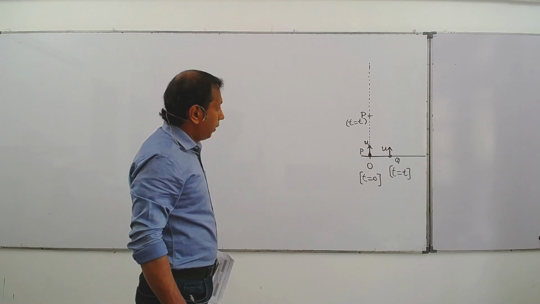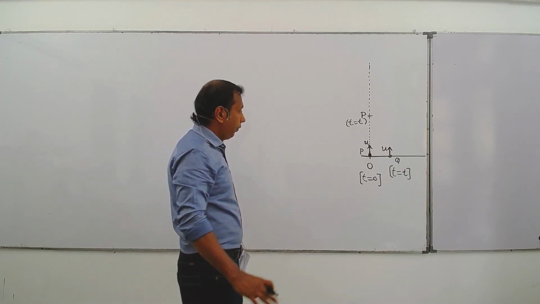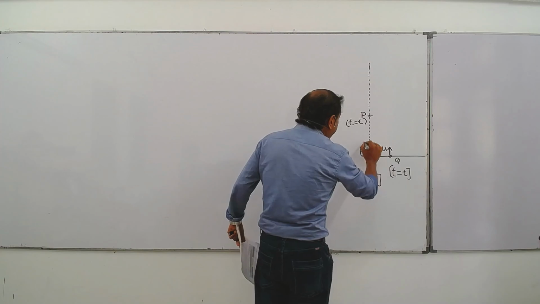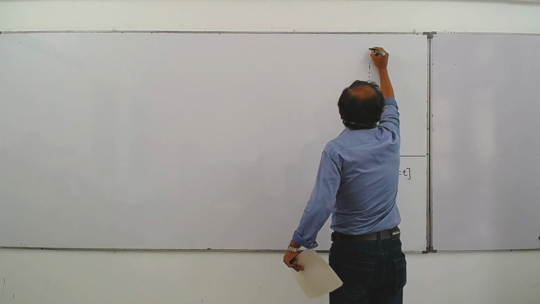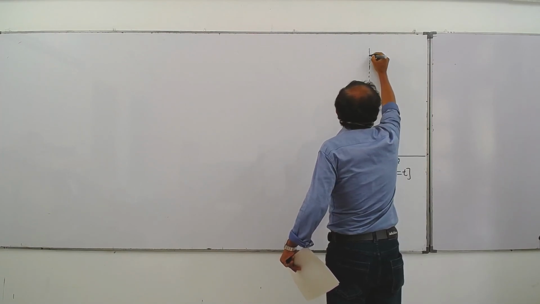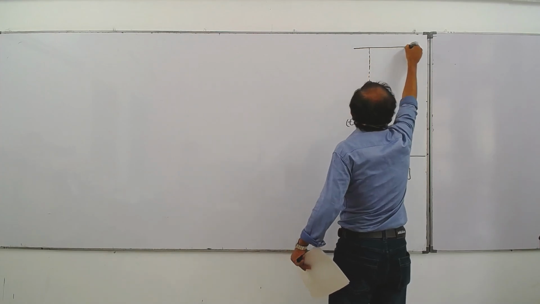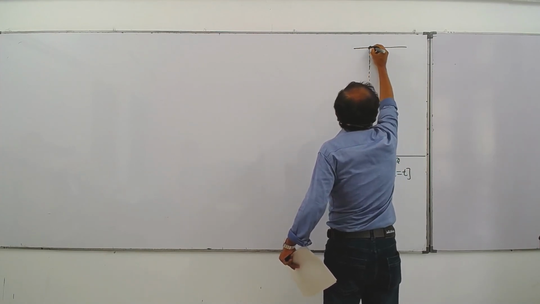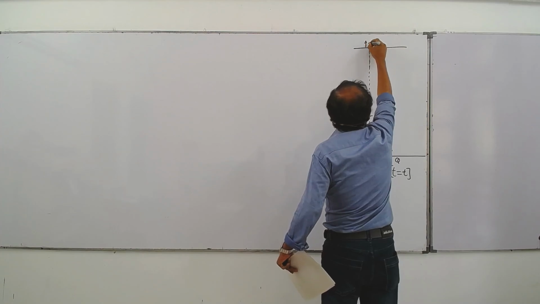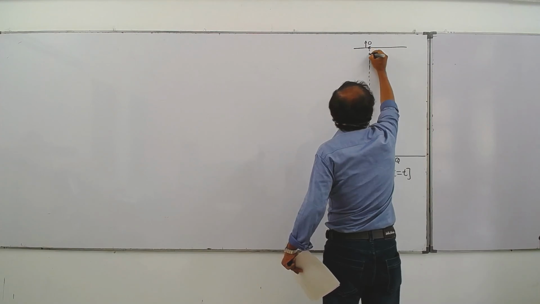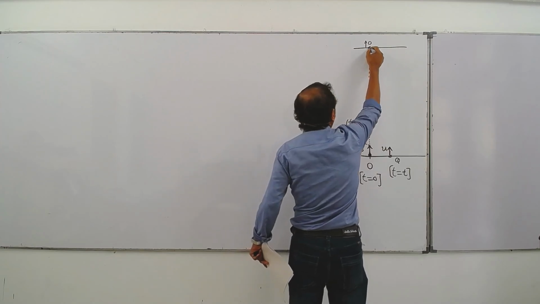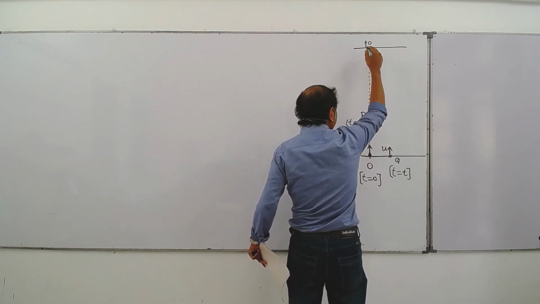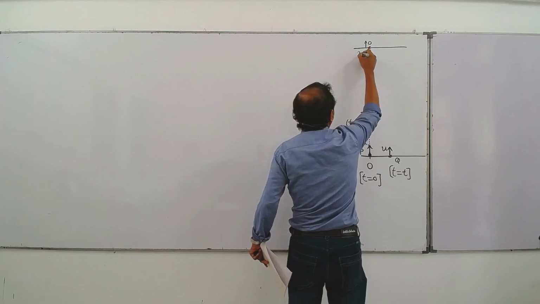Now you know this particle P is coming to its maximum height. This is the maximum height of particle P. On that occasion, the velocity is 0. I'll take this instant as the second instant.